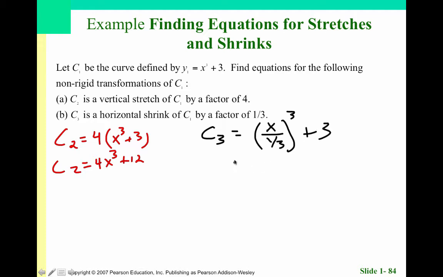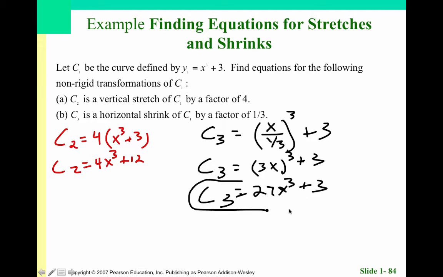And if I'm dividing by a fraction, flip the second guy and multiply, I'm actually going to have 3x cubed plus 3, which is 27x cubed plus 3, right?